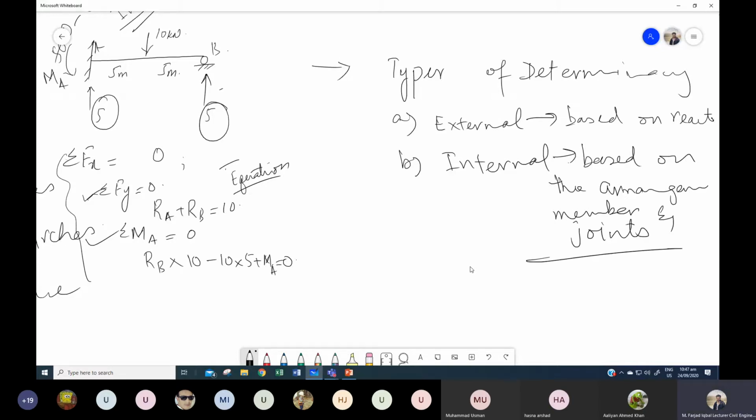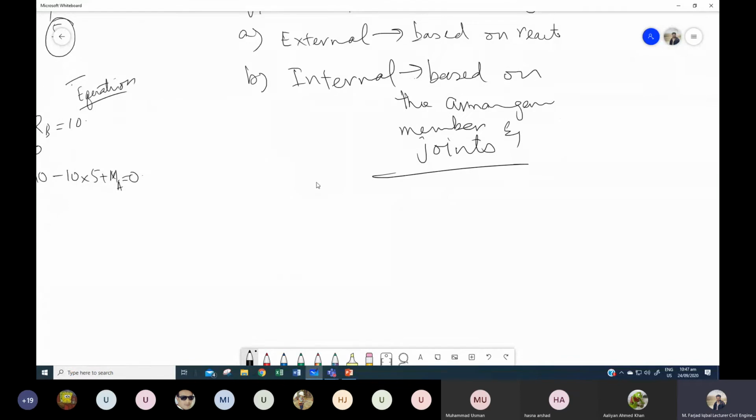We also studied one or two formulas for the external one. It's simple. You figure out how many unknown reactions there are, and compare it with the number of equilibrium equations, which are 3, and you can easily figure out whether the structure is externally determinate or indeterminate. For the internal indeterminacy, you have different formulas.